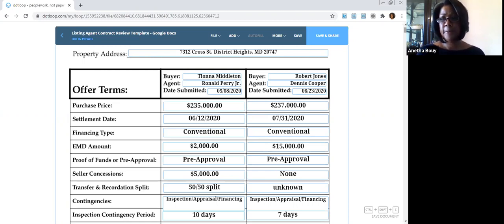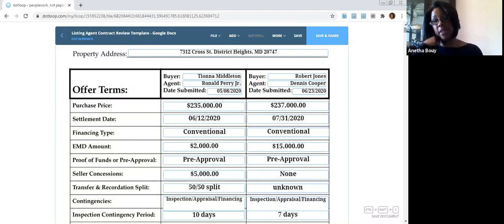And if there is perhaps, which we don't have an example of this, but there can be a cash buyer that may be submitting an offer. And so they are not going to have a pre-approval letter.